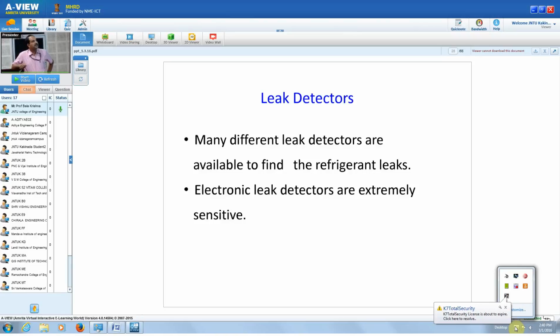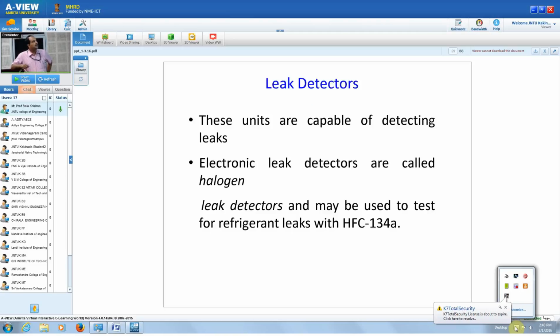Many different leak detectors are available to find refrigerant leaks. Electronic leak detectors are extremely sensitive. Next one. These electronic detectors are capable of detecting the leaks. Electronic leak detectors are called halogen leak detectors and may be used to test for refrigerant leaks of HFC, that is, halofluorocarbons, that is R134a.